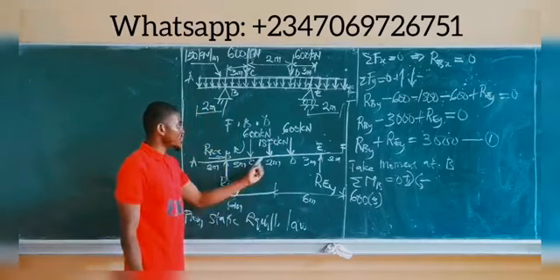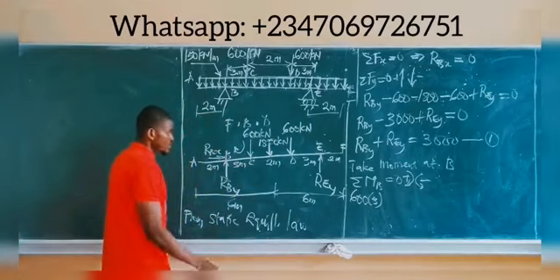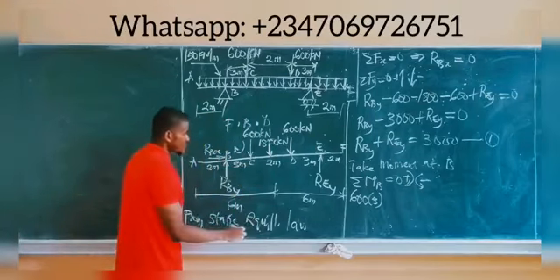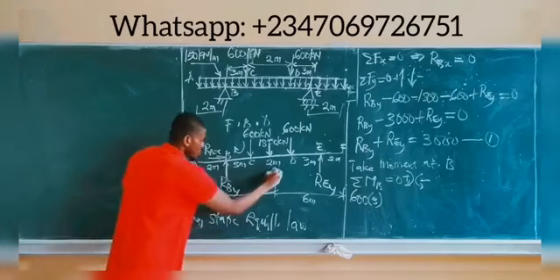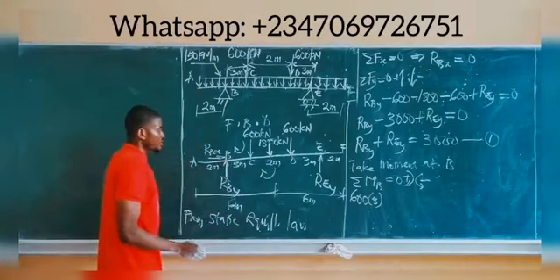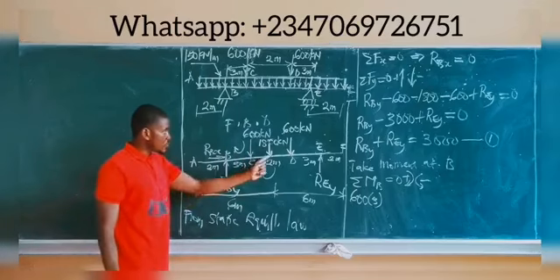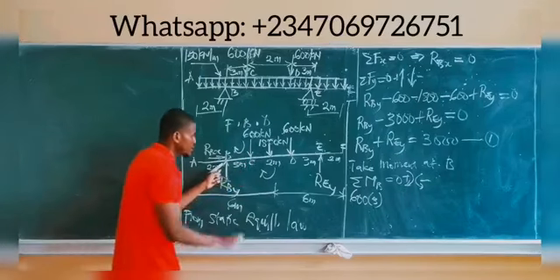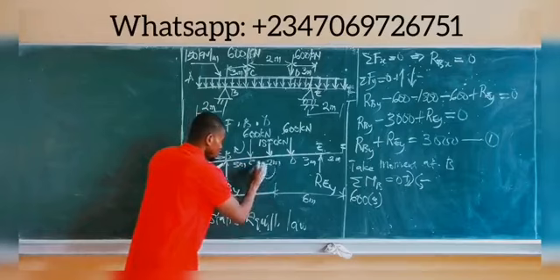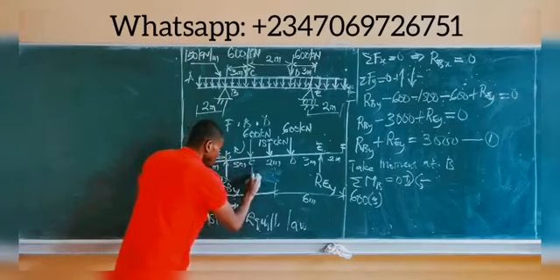Also, we have the 1800 kilonewtons force acting downwards. Since it's acting downwards, it will also turn in this direction, all the way from this point to point B. And it's positive because it's clockwise. Distance it takes this force to get to point B. Remember this force is acting at the middle, so it's actually 1 meter apart.